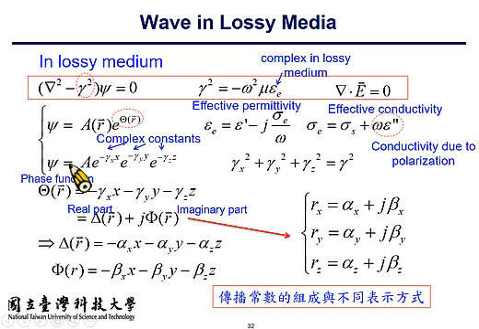So the field phi can also be written like this. You have the product of three exponential terms, and the index of each exponential term is a complex number as well. Because they are complex numbers, we can separate them into real part and imaginary part.